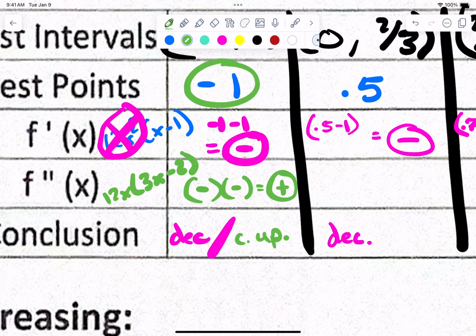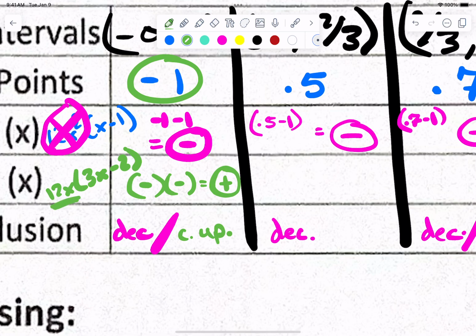Then 0.5. If I take 12 times 0.5, that is positive. 3 times 0.5 minus 2. 3 times 0.5 is 1.5, half of 3. 1.5 minus 2 is negative. So he is negative, which means he is concave down.